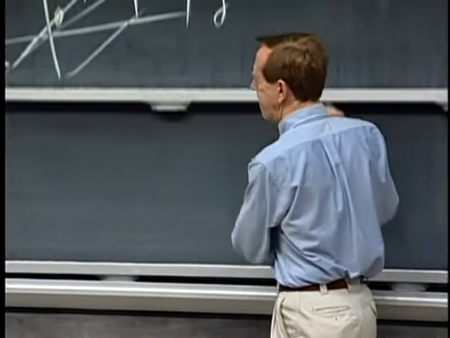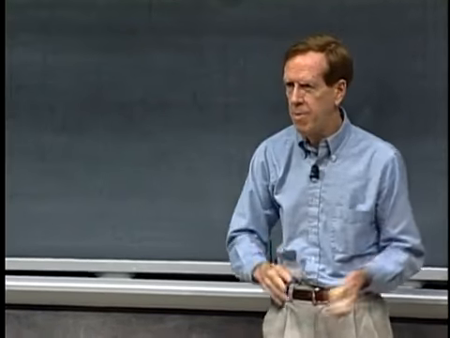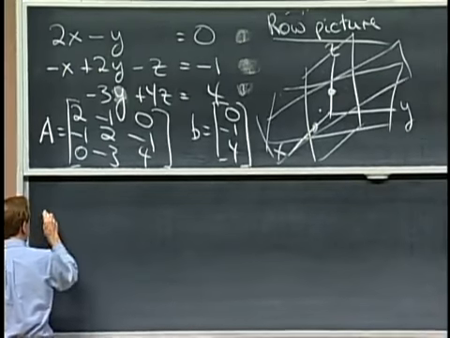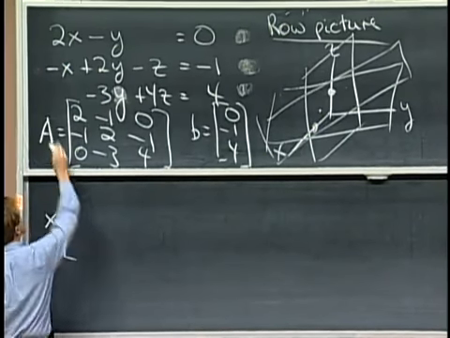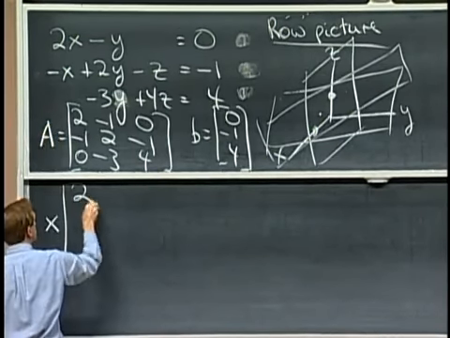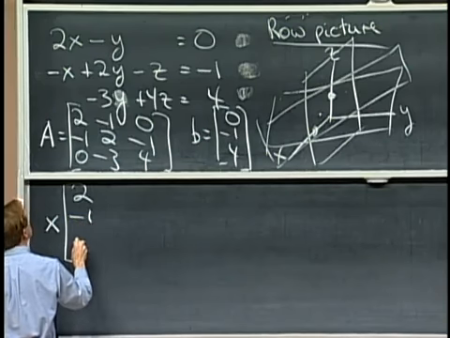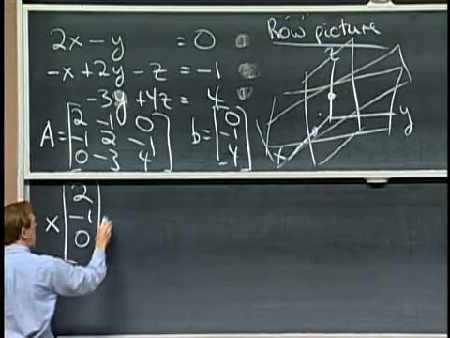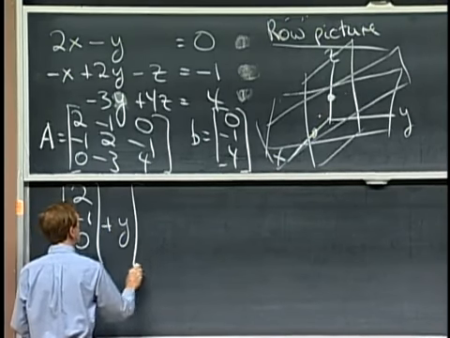Now, you can tell I prefer the column picture. Okay, so let me take the column picture. That's x times, so there were 2 x's in the first equation, minus 1 x's, and no x's in the third. It's just the first column of that. And how many y's are there?